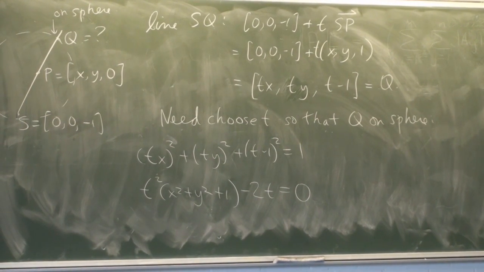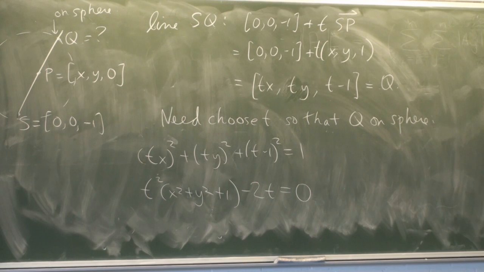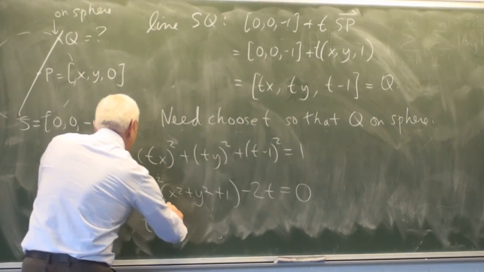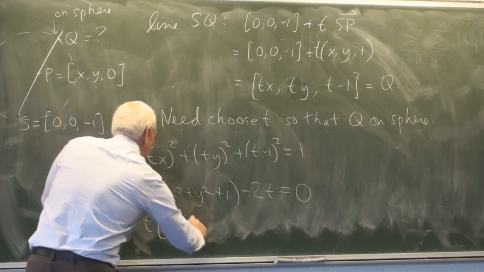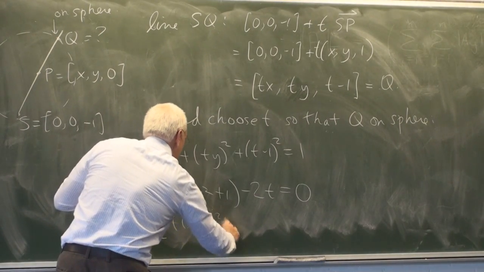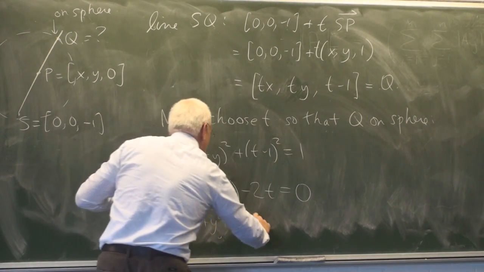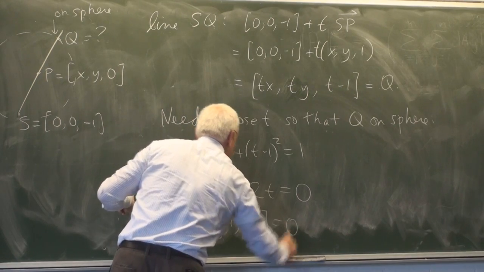It's a quadratic equation in t, and one of the solutions is t equals 0, because t is a factor. And that's no surprise, because that's just the point S, which is also on the sphere. So this factors as t times (t(x squared plus y squared plus 1) minus 2) equals 0.